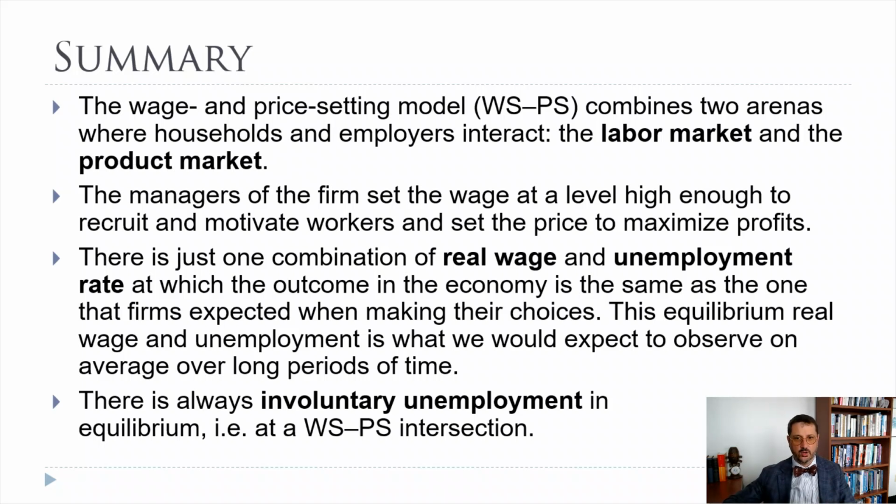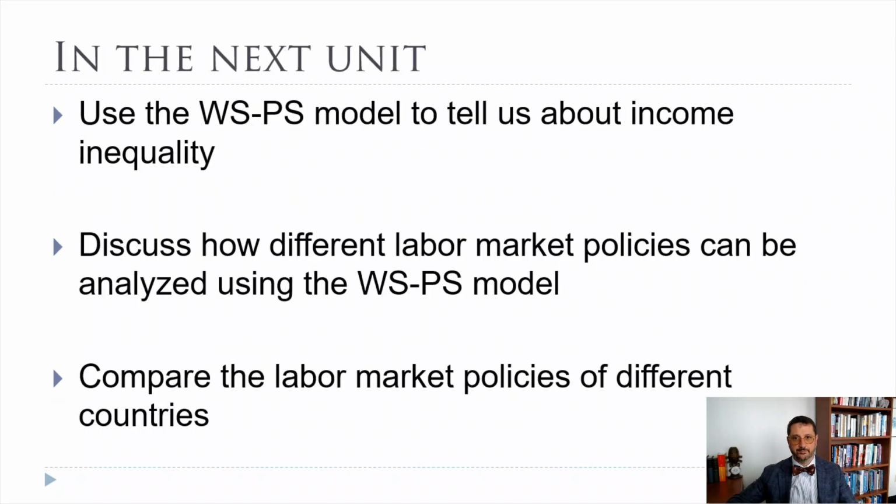We'll think about how we can use it to understand the macroeconomy, and especially the labor market: how much unemployment there is, how much employment there is, what the real wage is. That equilibrium means that firms are maximizing profit by choosing their technology, their number of employees, their prices, their output. And so there's no pressure to move from that equilibrium.